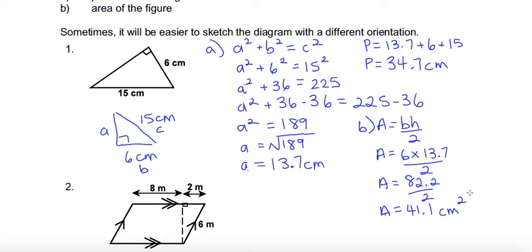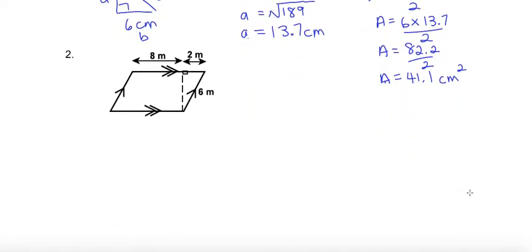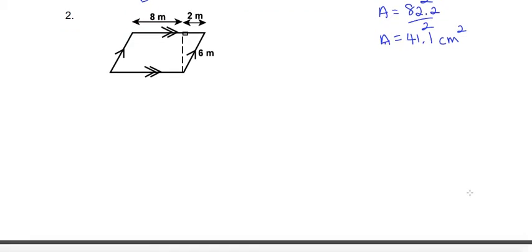Example number 2 looks at a parallelogram, and this parallelogram, again, we're going to have to use Pythagorean theorem to solve for the height of my parallelogram. So the first thing I want to do is calculate my perimeter of this shape, and then I want to calculate my area.